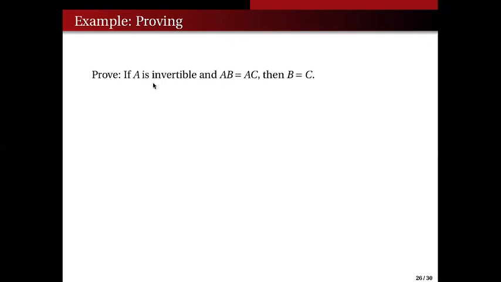The statement was: if A, B, and C are matrices such that multiplication is possible, and such that AB equals AC, it does not mean that B equals C. But if we add the condition that A is invertible, then the equality will follow between B and C. So how is this?